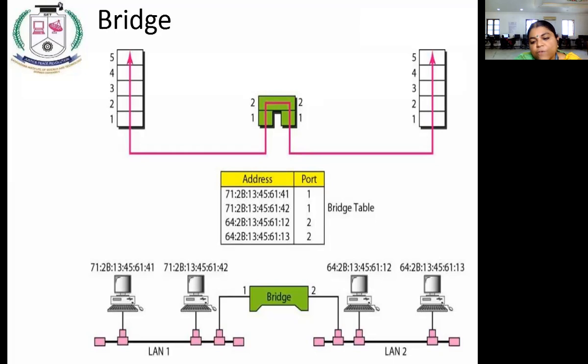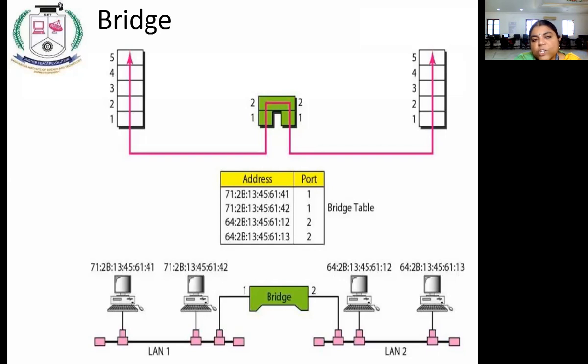Suppose instead of a bridge you use a repeater there, it will take the data from the source, as you said, from device 1 with address 41, and it will convey it to all the devices connected in the network, that is to all the devices available in LAN 2. That is what is done in a repeater.